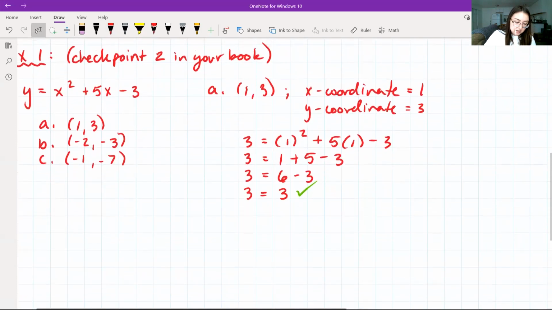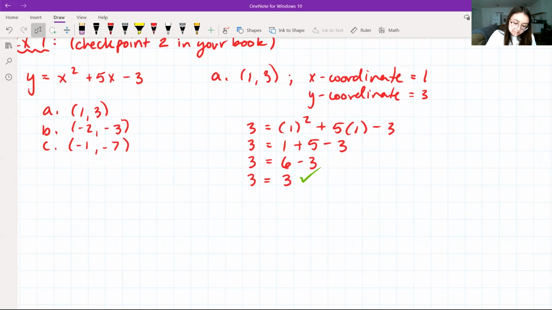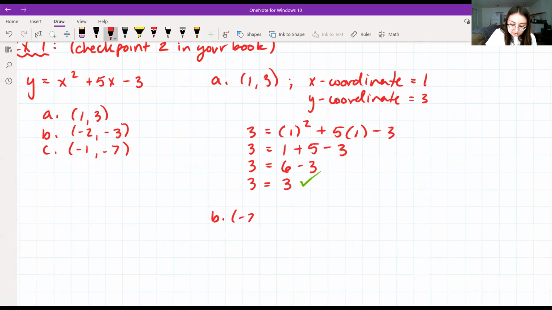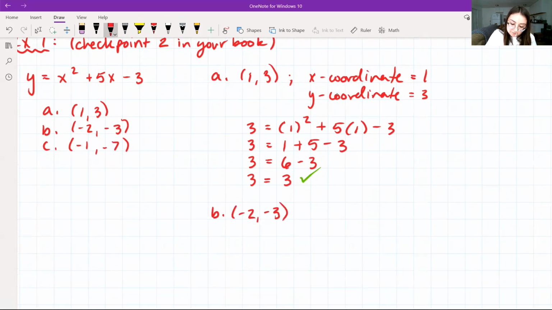So now we want to see if the others are solutions as well. So now we can do B, which was (-2, -3). So our x coordinate is -2, and our y coordinate is -3.